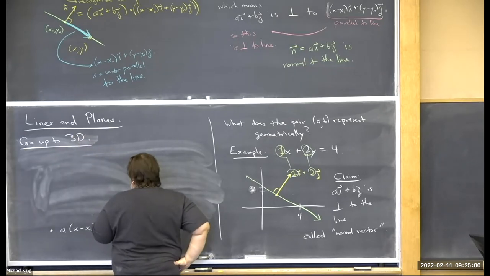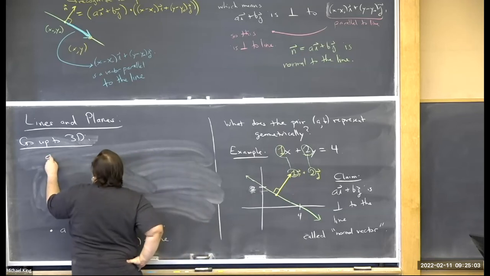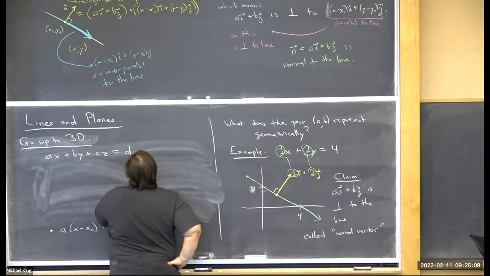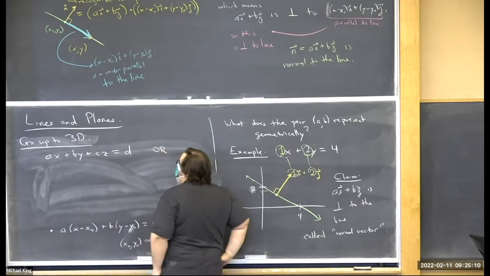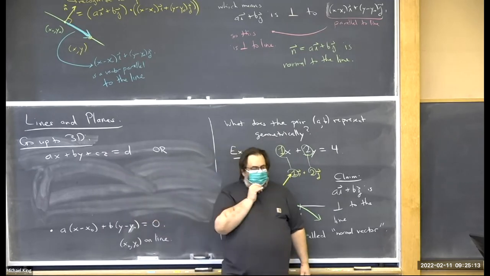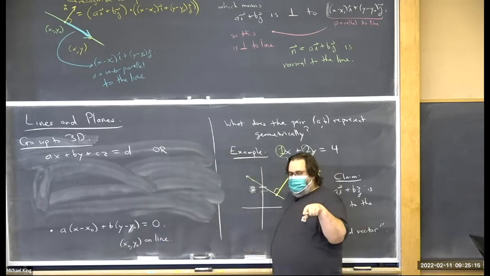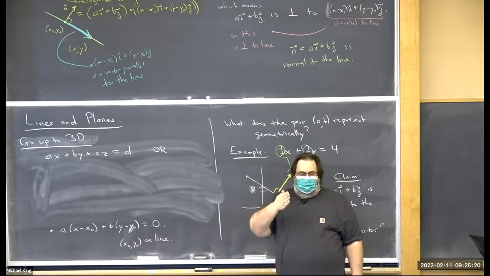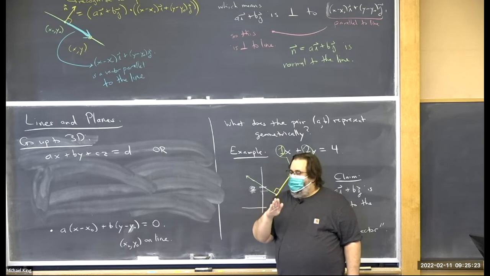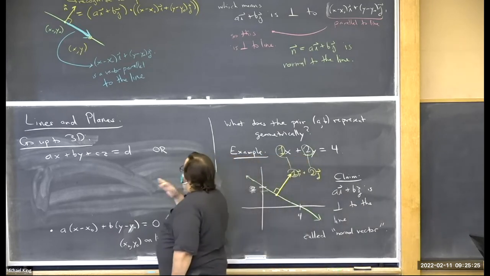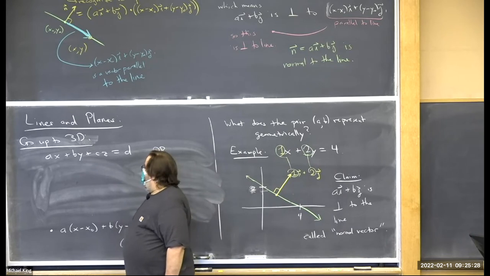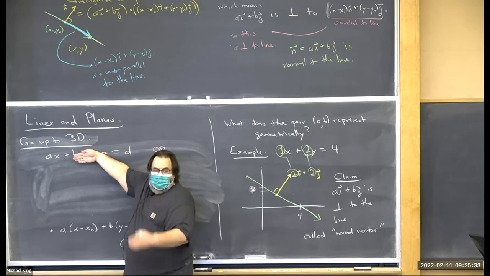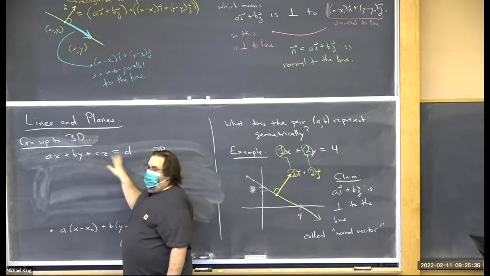If we have ax plus by plus cz equals d, there's a similar line of thinking here. When we had z equals a linear function, that gave us all planes except vertical planes, because those had slopes, an x slope and a y slope. But if I want vertical planes, this is a better formula, because if b and c are 0, we get x equals constant, which is a vertical plane. Or if a and c are 0, we get y equals constant, which is a vertical plane.